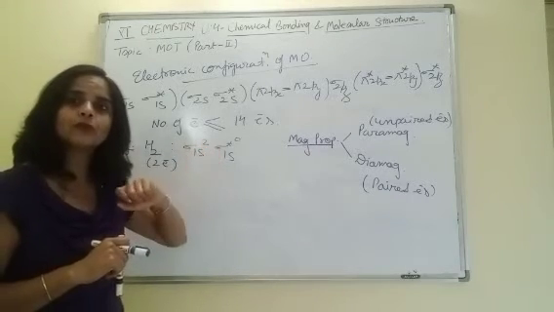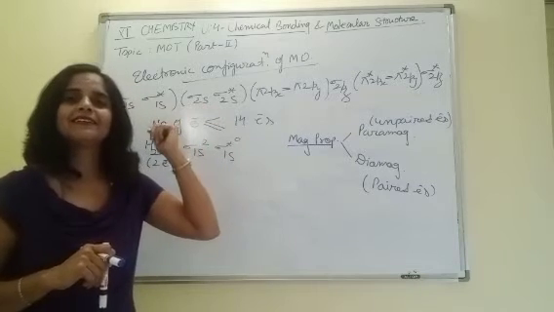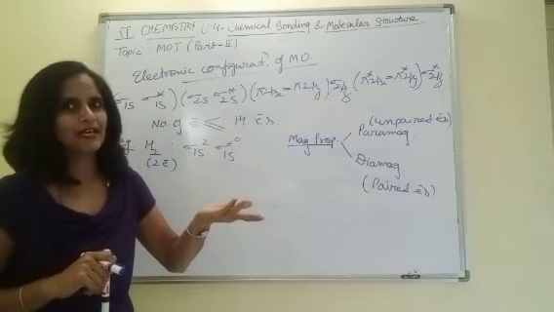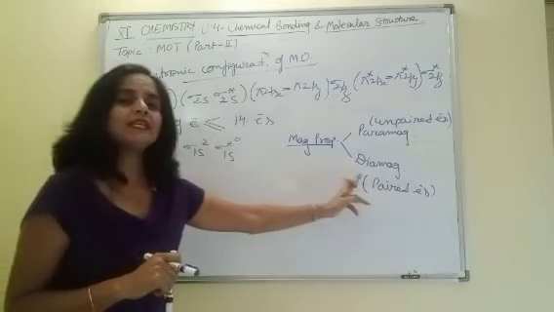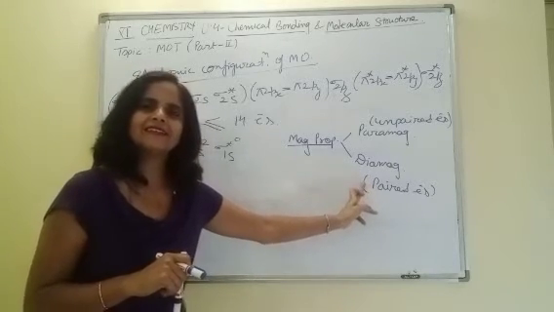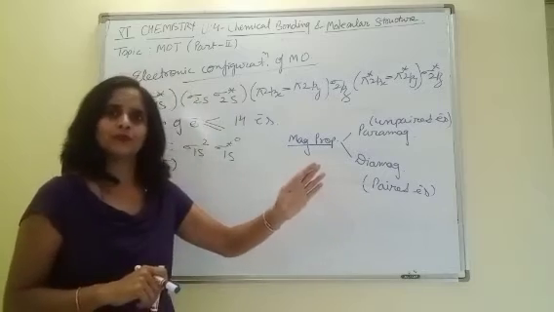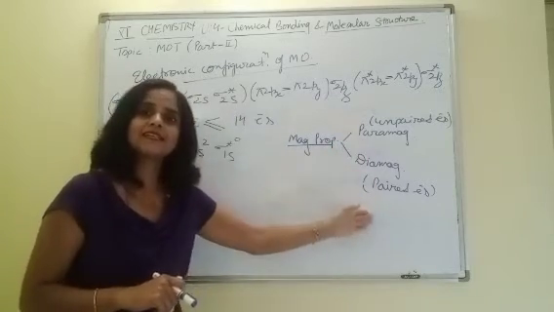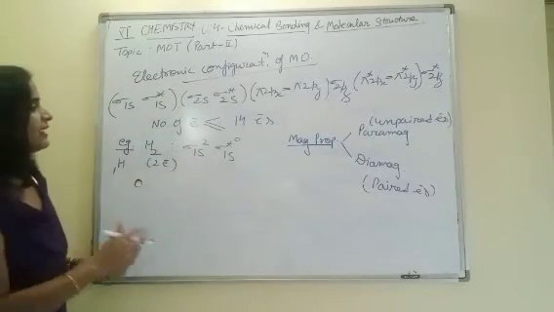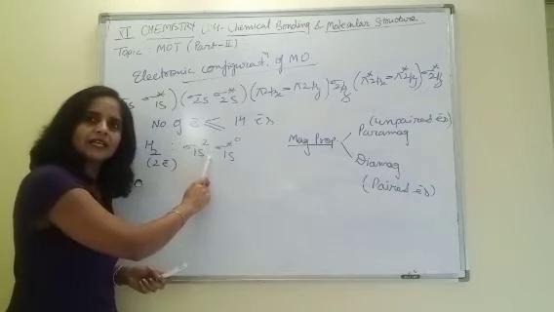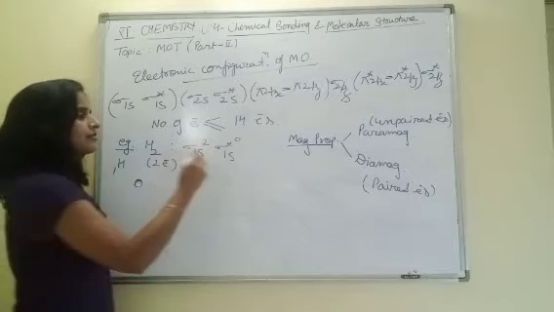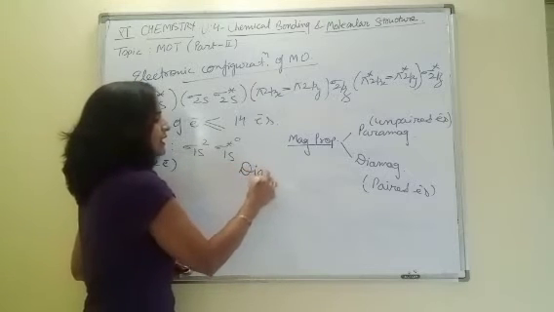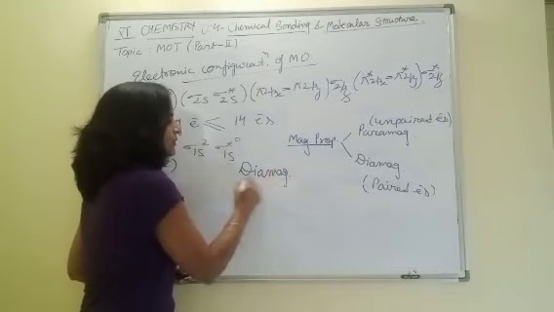And if paired electrons are present, how can it be paramagnetic? It cannot. Paired electrons mean diamagnetic. No one can confuse you. If you know this concept, you can easily tell that as it has paired electrons and no unpaired electron, this molecule is a diamagnetic molecule.